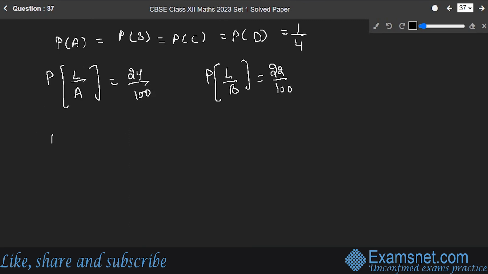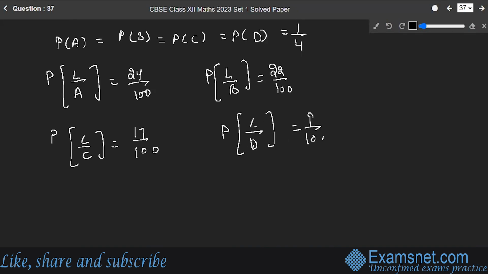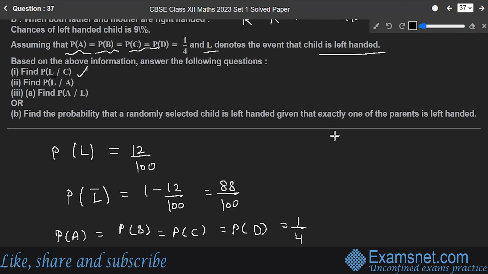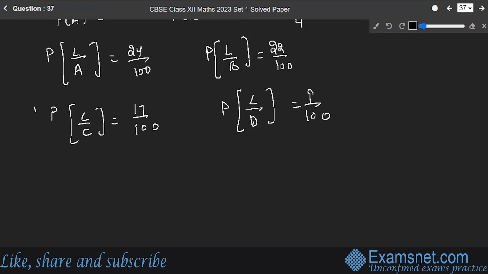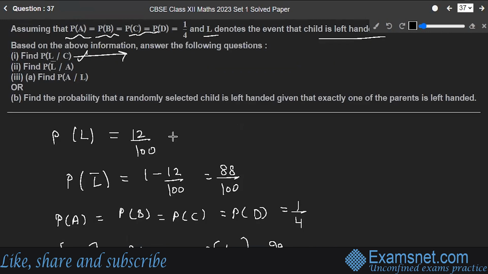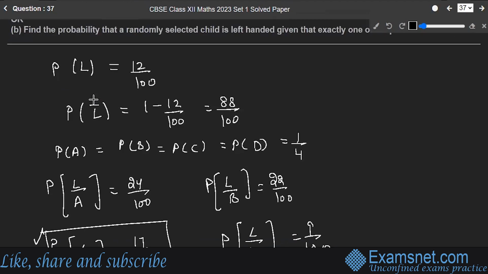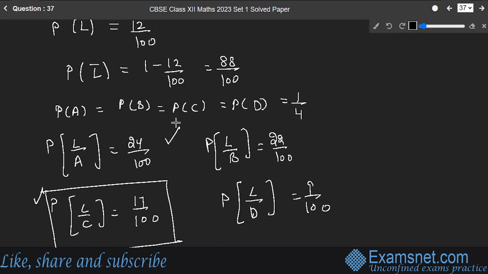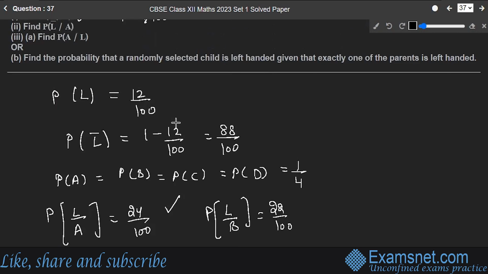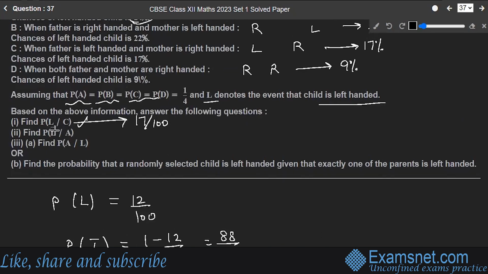Probability of left-handed from the C set was 17%, and probability of left-handed from the D set is 9%. So the very first thing, the probability from the C set is equal to 17 upon 100. Next, P(L upon A), we just calculated that also, that is equal to 24 upon 100.